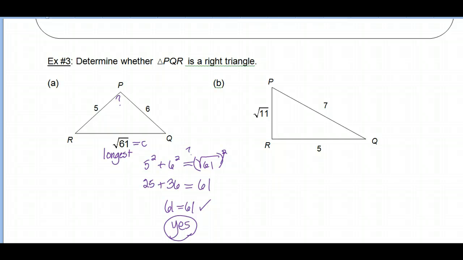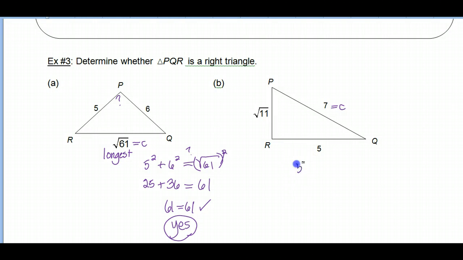If one side ended up being 60 and the other one ended up being 61, it's close to a right triangle, but it's not. They have to be exact. Okay, this one, again, this has to be our longest side because square root of 11 is a lot smaller than square root of 49, which is the same thing as 7.